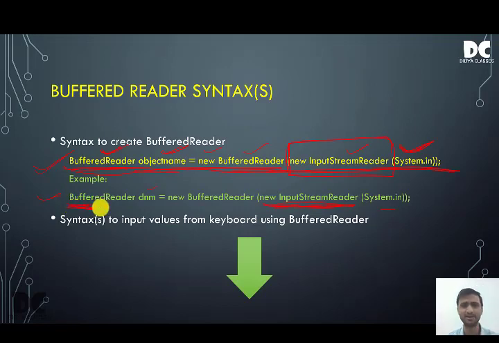Here it is written: BufferedReader object name equal to new BufferedReader, new InputStreamReader, System.in. When we write this line, what actually happens? You have to understand that. What is System.in?